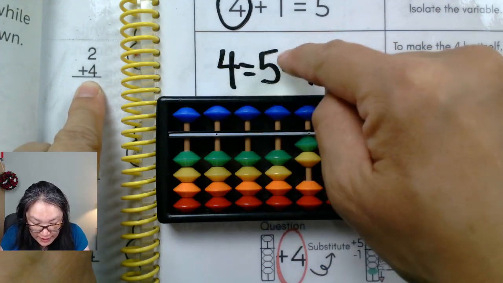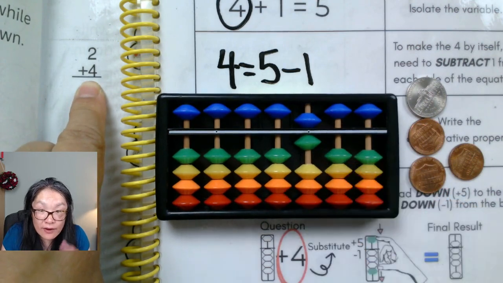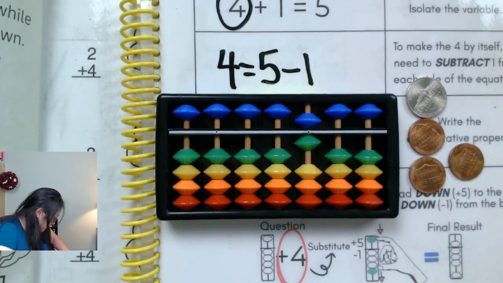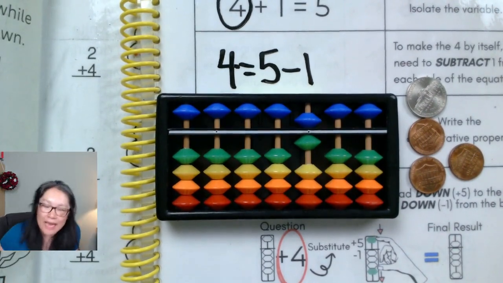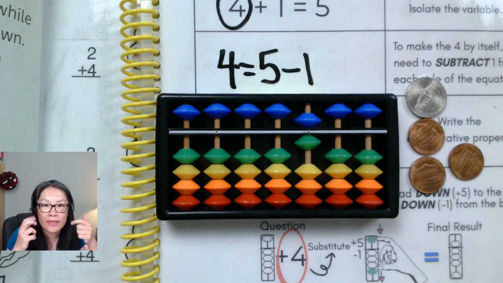To plus the 4, I need to plus the 5 minus the 1. And my final answer is 6. Does that make sense? So what am I doing? I'm using the abacus to help me calculate, to visualize the numbers that we have.